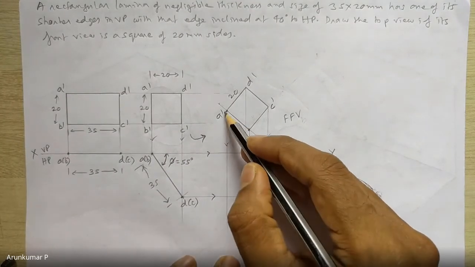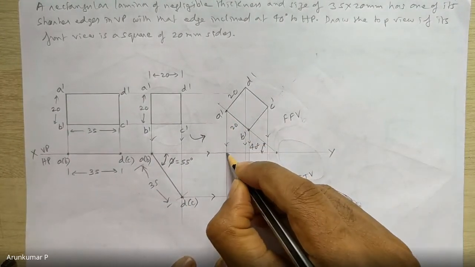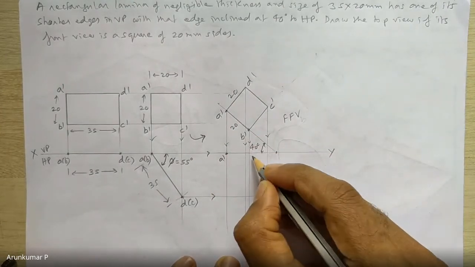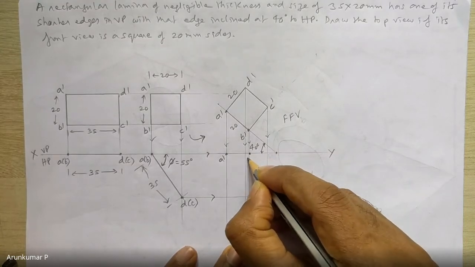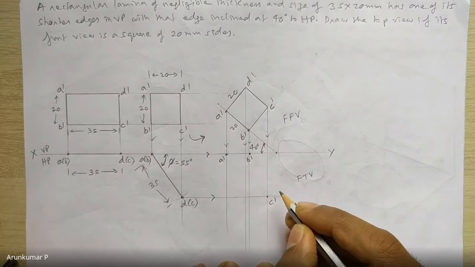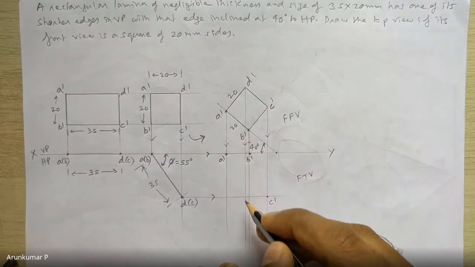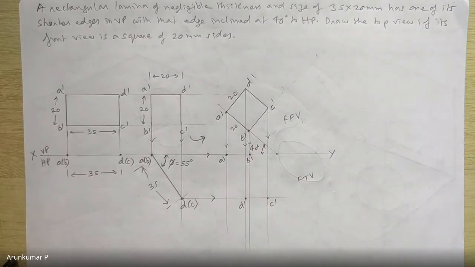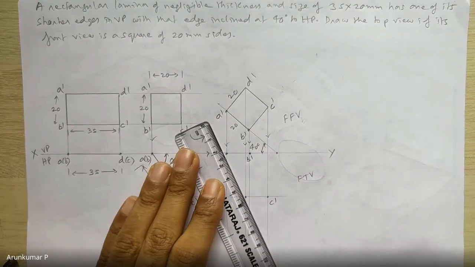Locate the 4 intersection points A dash and A. So this would be A dash on XY line. B dash and B. This would be B dash. C dash and C. This would be C dash, and D dash and D. This would be D dash. Join them.